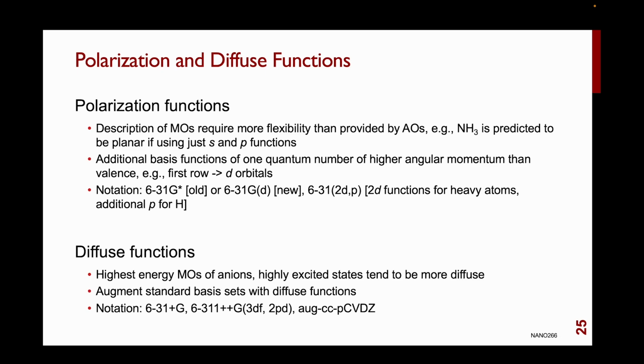So for example, ammonia, which is a very important molecule. If you just use a basis set without polarization functions, the equilibrium structure that you get is just a planar molecule. In other words, your nitrogen and hydrogen all sit in one single flat plane.